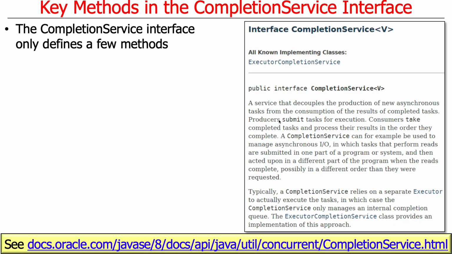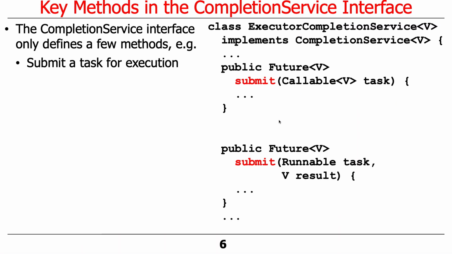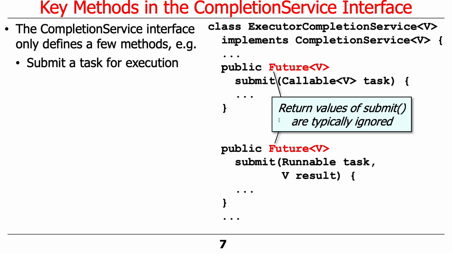So there's just a handful of methods. They all come out of the completion service interface. There's a pair of methods that can be used to submit tasks for execution. Even though these methods both return futures, these futures are never used because we're going to get the results back through a different means via this completion queue we're going to talk about in a second.